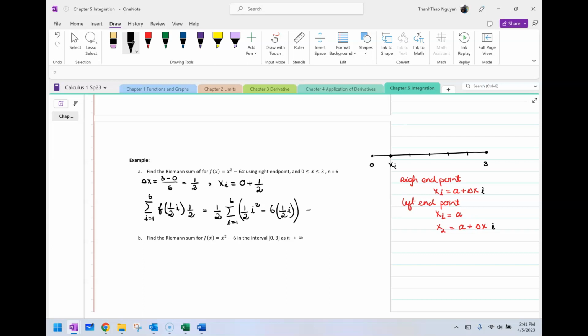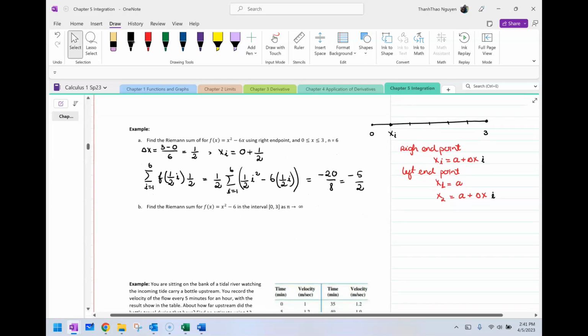We expand this out, multiply it, we get negative 20 over 8, this is negative 10, negative 5 over 2. So note that the Riemann sum here is negative.